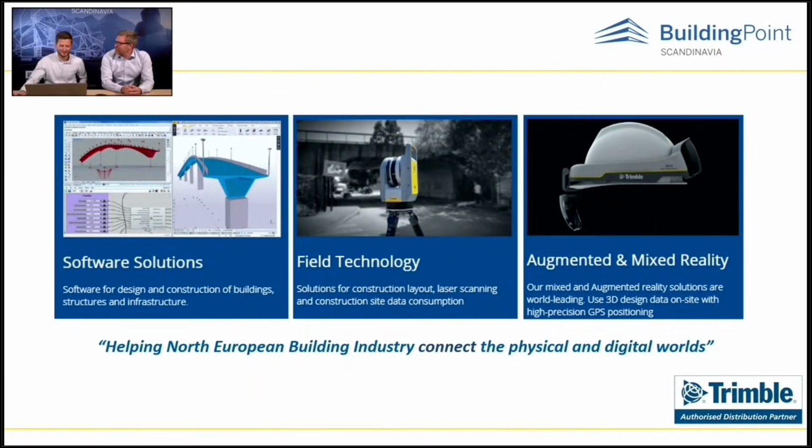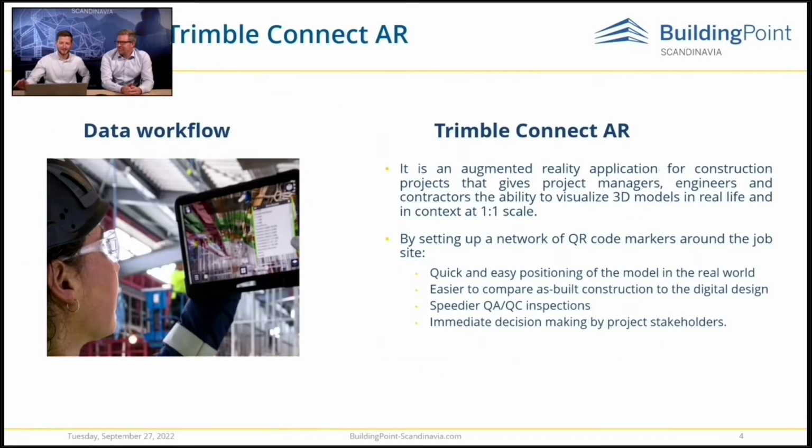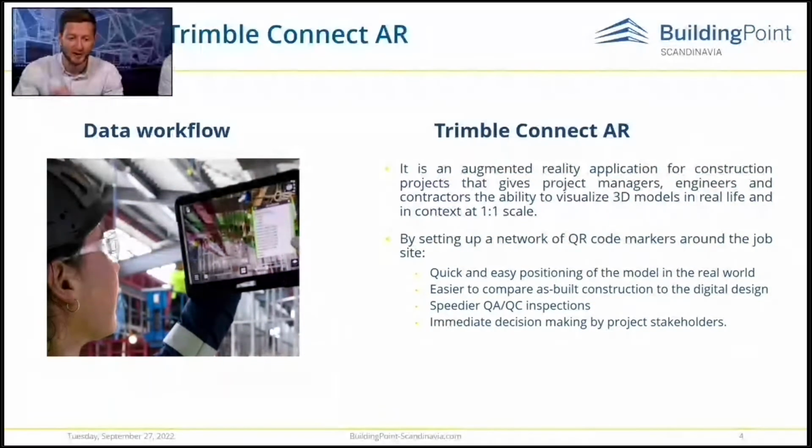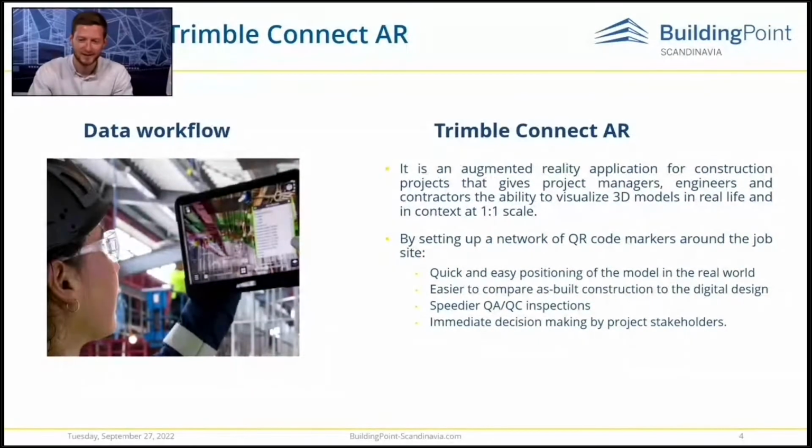Yes, thank you for the introduction, and we start right away. First, we should all be on the same page. A short explanation of what Trimble Connect AR actually is. Trimble Connect AR is an augmented reality application for construction projects that gives project managers, engineers, and contractors the ability to visualize 3D models in real life at 1-to-1 scale.